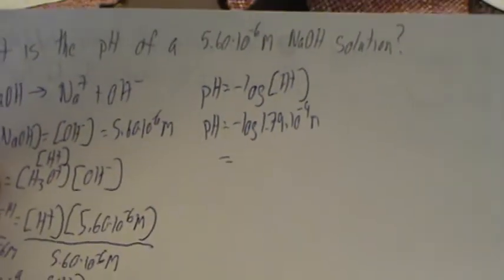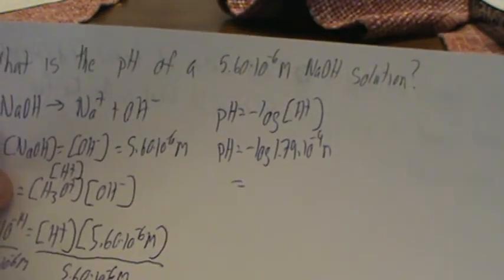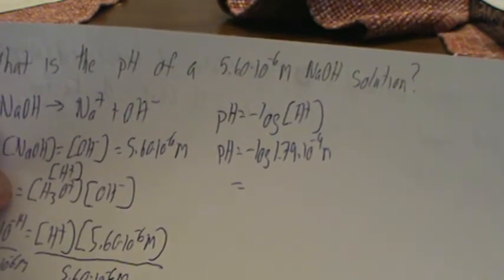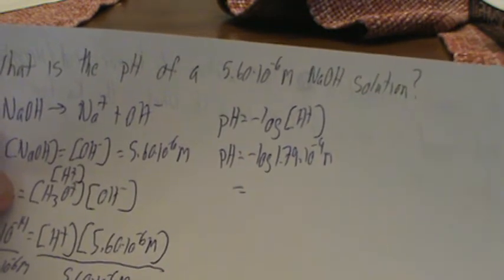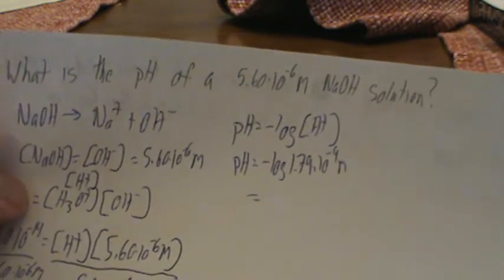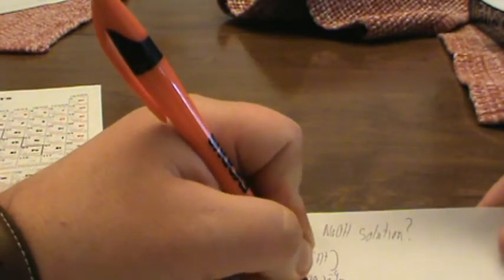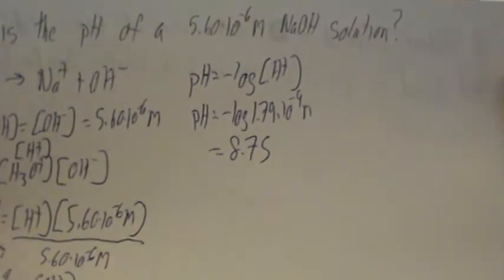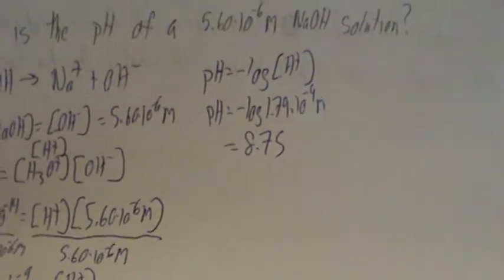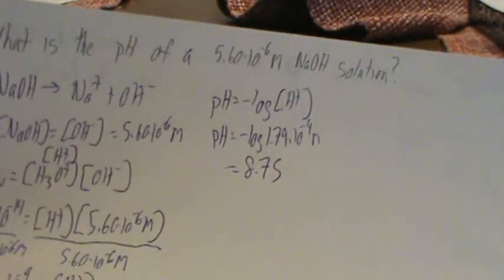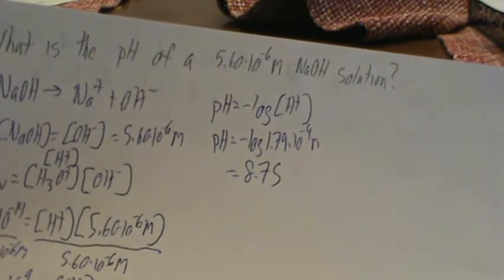So we're going to put that into our calculator. Negative log 1.79 times 10 to the negative 9th. And our answer comes out to be 8.75. Okay, so that is one route that we can possibly take.